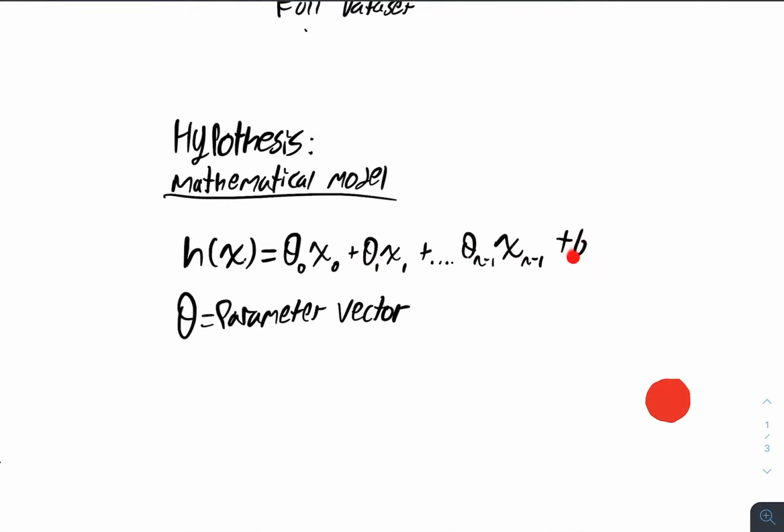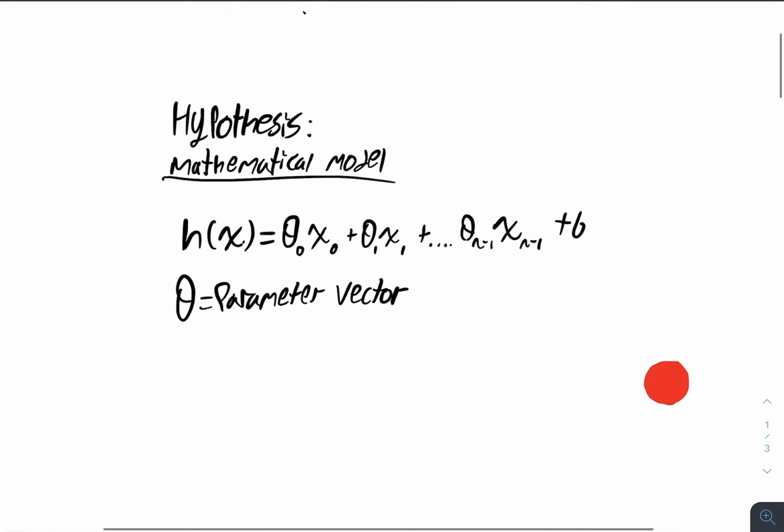And then over here, we have what we call a bias term. If you were to write an equation like y equals mx plus b, b in this case would be the y-intercept, essentially. It's just some constant that we add to the rest of the equation. So that's how we represent a linear regression model. It's just a basic linear equation, something you would see in algebra class.